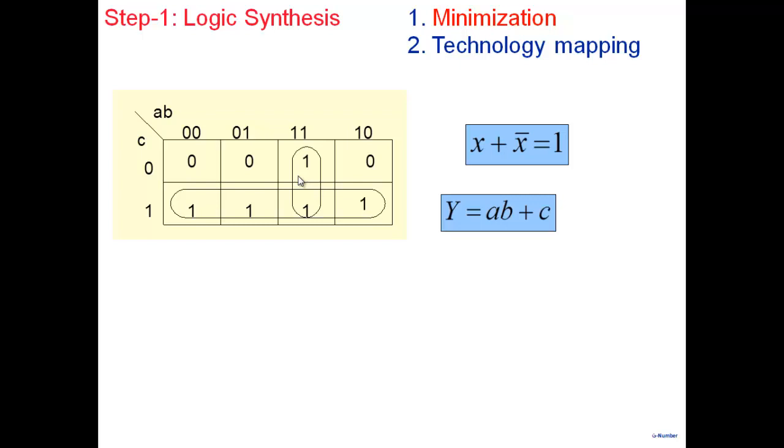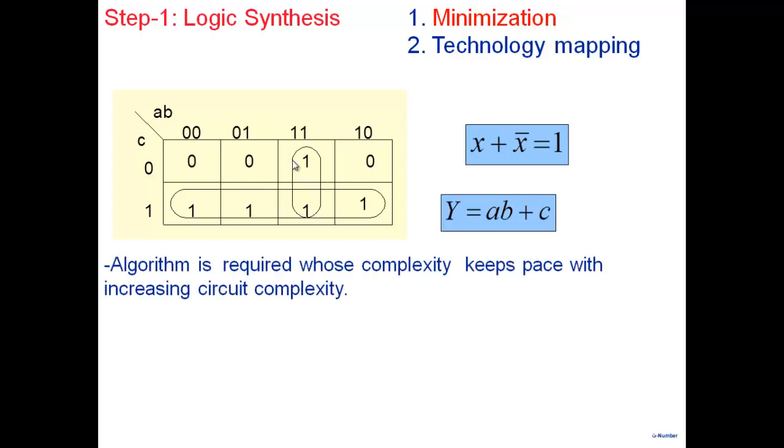So imagine, maybe long back, K-map may have been okay for minimization. But let's say you have to minimize an 8-input, 8-variable expression. What's going to happen? I give you 8 variables, a long expression, and you have to minimize it. Even with a 4 or a 5 or a 6-input expression, the minimization becomes very difficult.